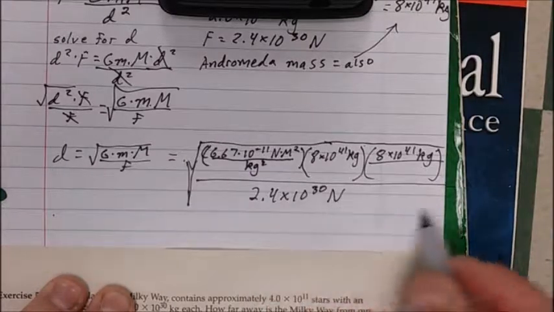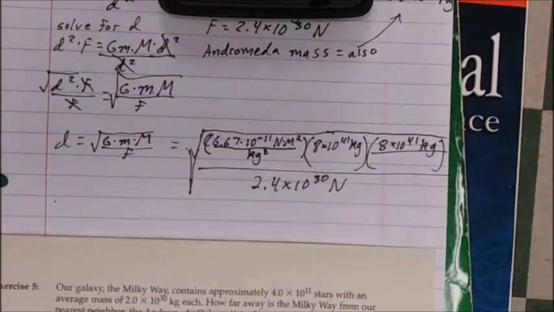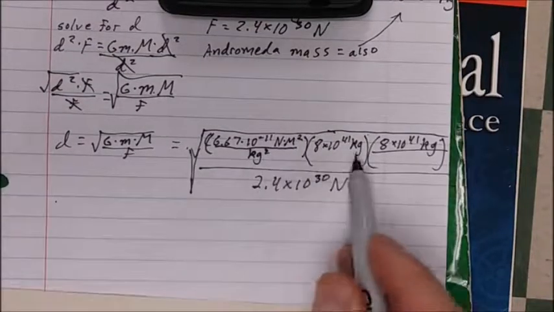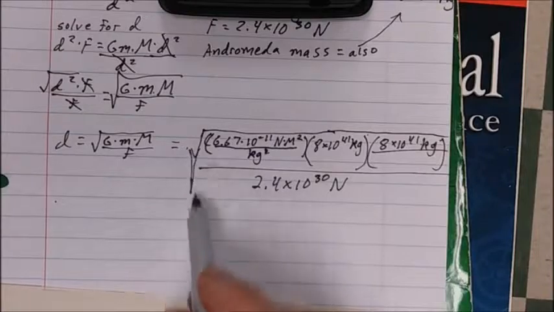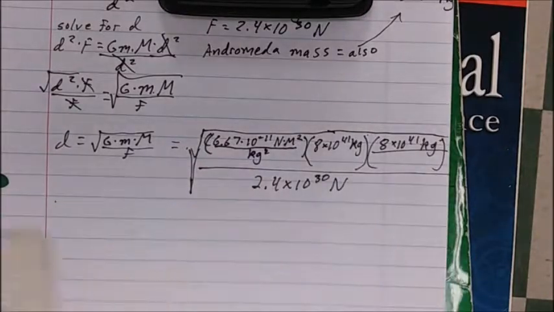So these newtons are going to come up top and cancel those newtons. And the kilograms squared are going to cancel there. And then we're taking the square root of meters squared, which is going to give us meters. So we know we had this set up right.